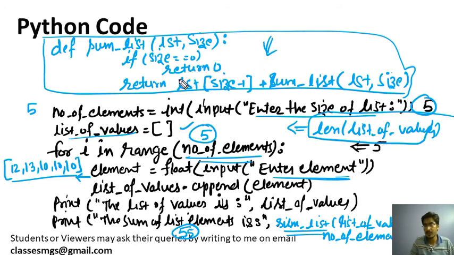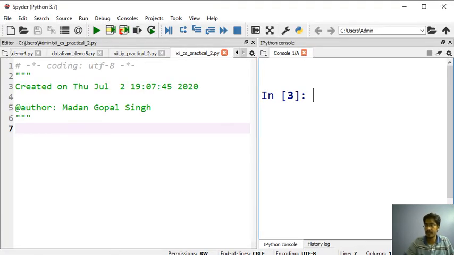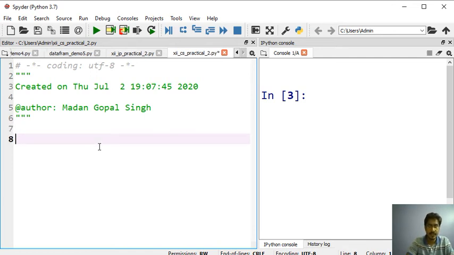Okay, now we will go into the editor and see this demonstration. Okay, so let me go to the editor. Now we will write this code here. So first, let's suppose we are taking the number of elements as input.